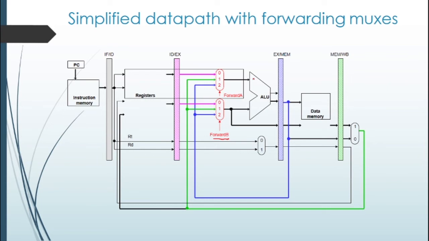0 means the normal data. 1 means the data is to be forwarded from MEM/WB, that is the first-to-third instruction dependency. And if the value of forward A or B is 2, it means the result will be copied from the EX/MEM, that means the dependency is from instruction number 1 to 2.